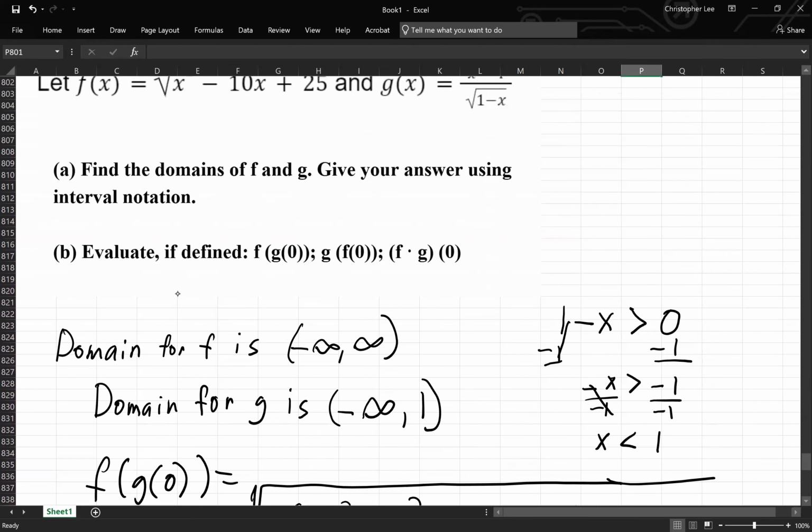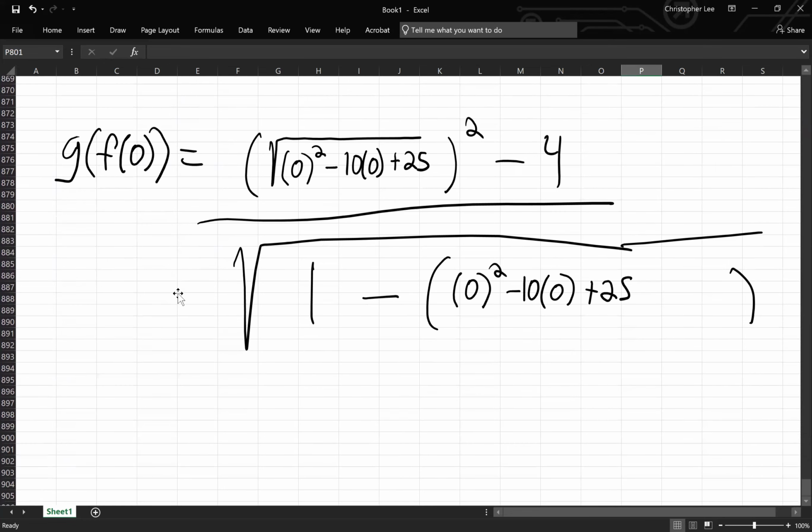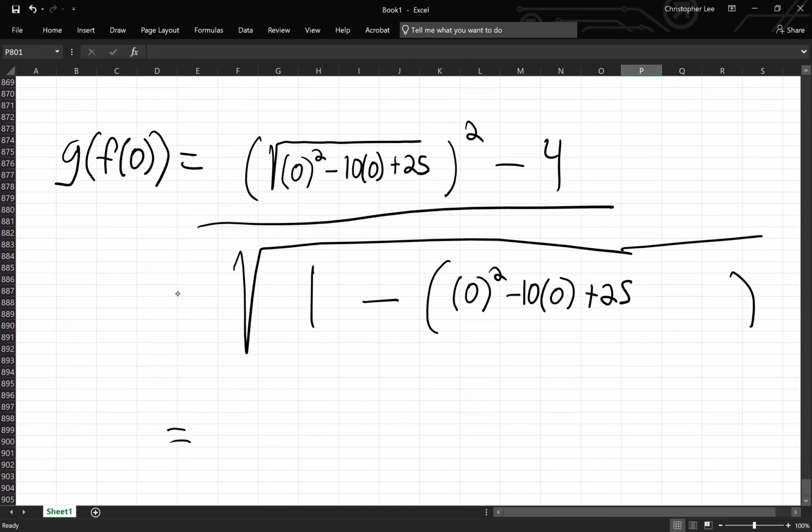Let me just verify. Awesome. Okay. Little math, boom, boom, boom, and we're good to go. So the top is going to be the square root of 25, and the square will cancel out. So this is 25 minus 4 over, what's this? Ooh, we got a problem. This is going to be 1 minus 25, right? Now remember, I can't take the square root of a negative number.